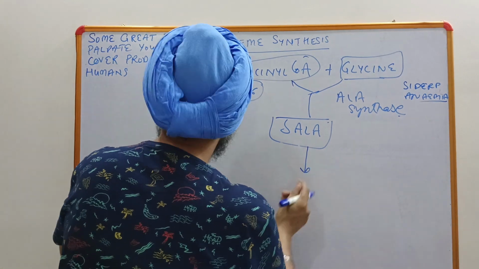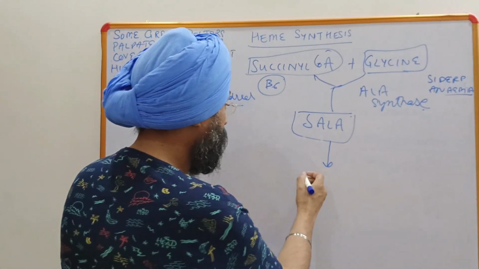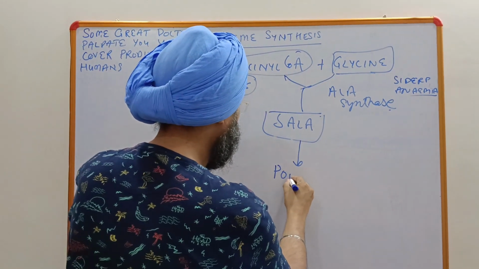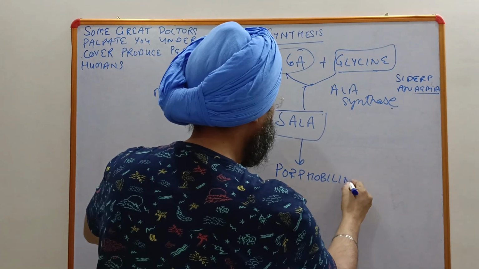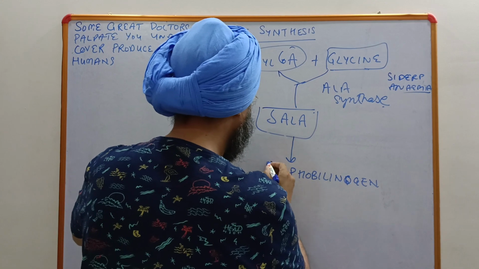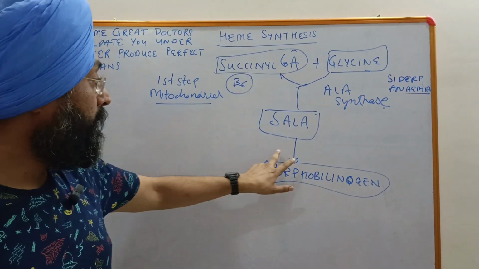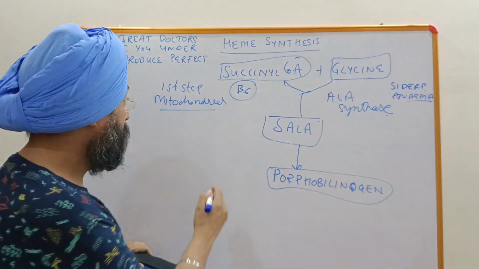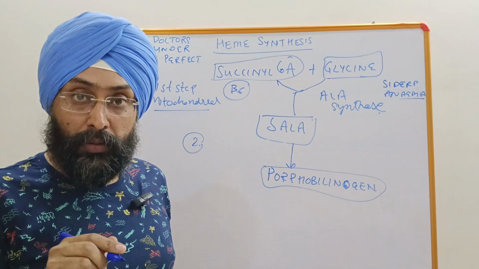So the next step is some great doctors palpate. Palpate for porphobilinogen, right? And this is the second step, right? And the second step is supposed to happen in cytosol, right?